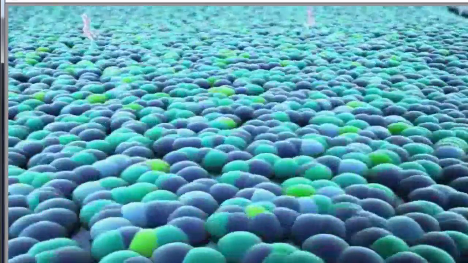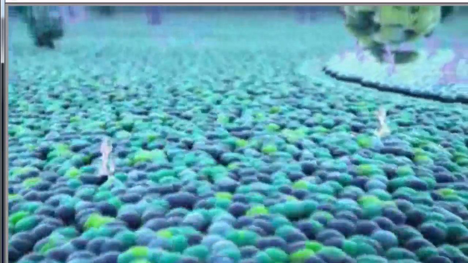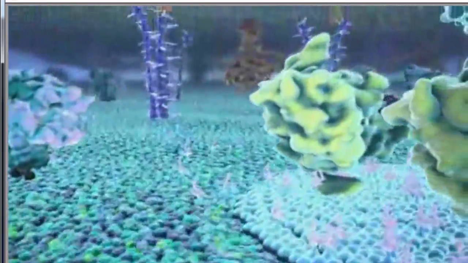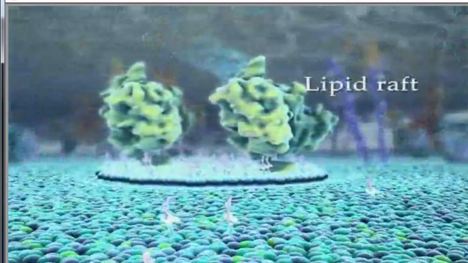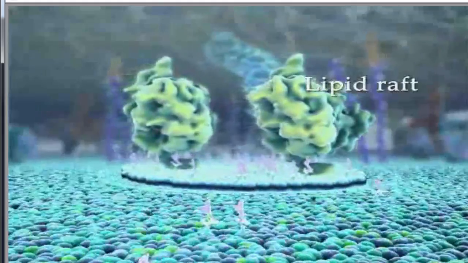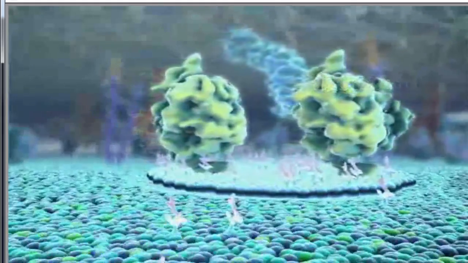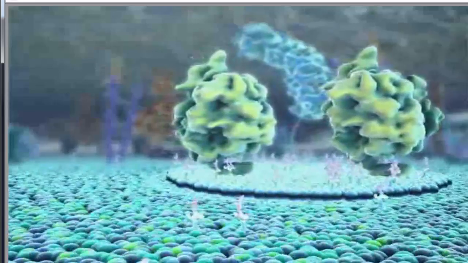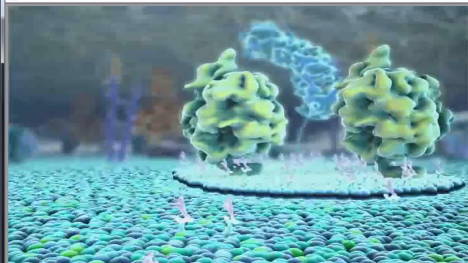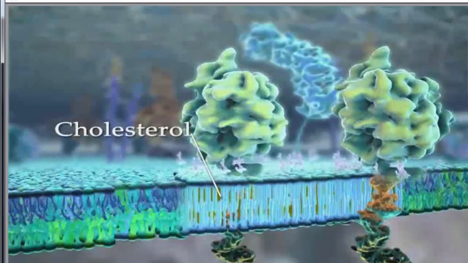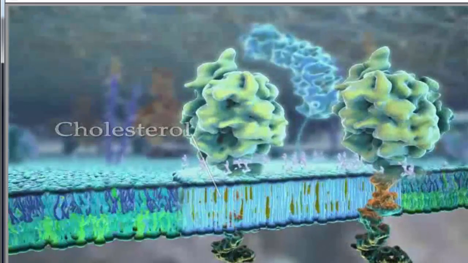The outer leaflet of the lipid bilayer is enriched in sphingolipids and phosphatidylcholine. Sphingolipid-rich rafts raised above the rest of the leaflet recruit specific membrane proteins. Rafts' rigidity is caused by the tight packing of cholesterol molecules against the straight sphingolipids hydrocarbon chains.